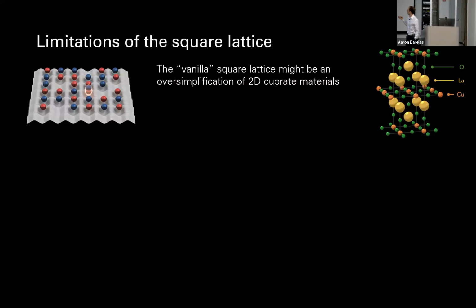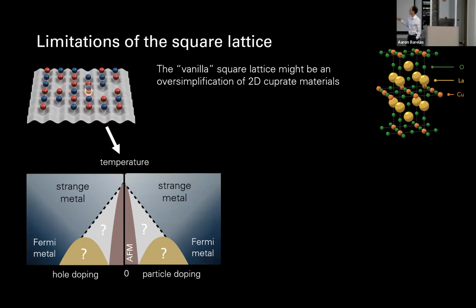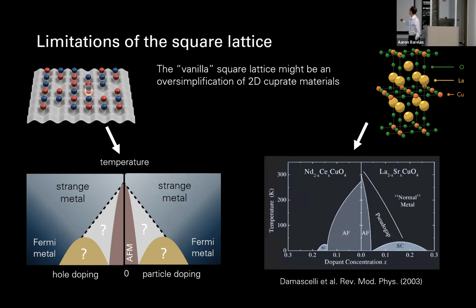If I were to plot what theorists think might be the phase diagram of the Fermi-Hubbard model, it would look like this, where the two sides of the panel correspond to either positive doping, adding more particles compared to half filling, or removing particles from half filling. On the contrary, it is known that in experimental materials, the phase diagram looks a bit more asymmetric.